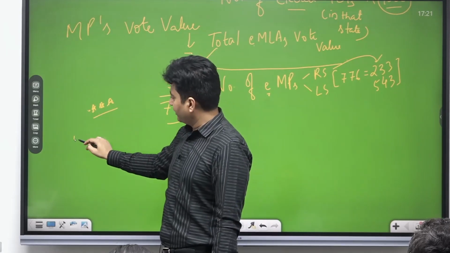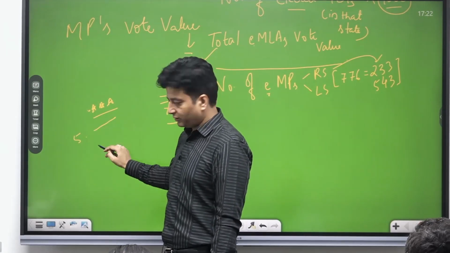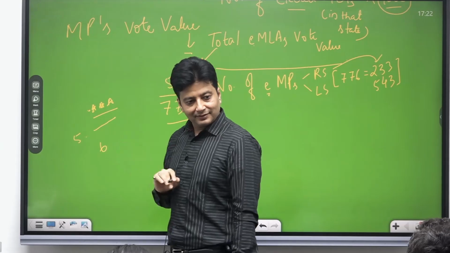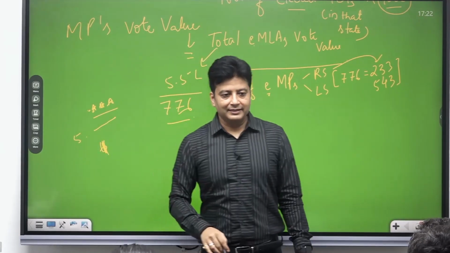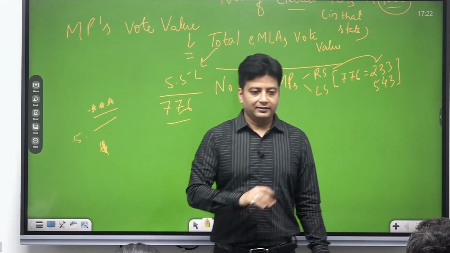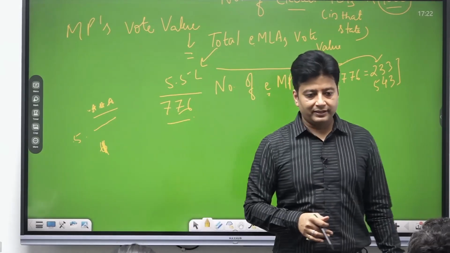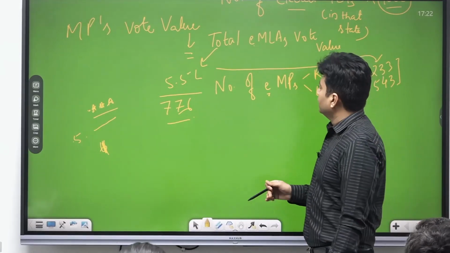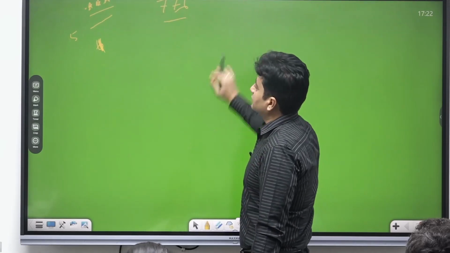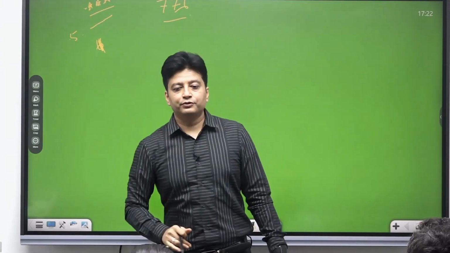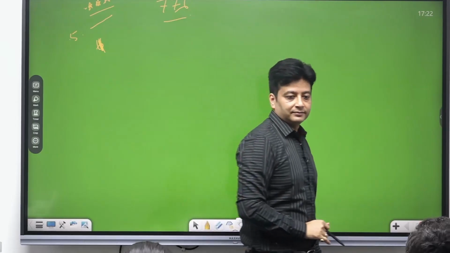And if the value is more than 5 point something, we will be calculating it as 1. If it is less than 5, we will be forgetting about it. We will not be adding it. Okay. So this is something that was sufficient for proportional representation system mechanism.